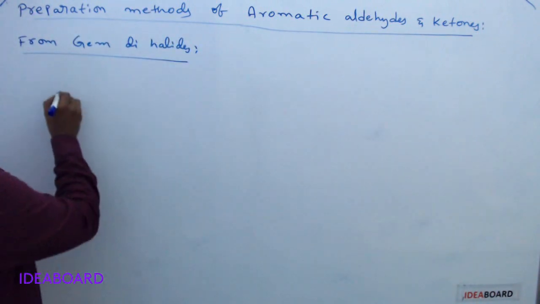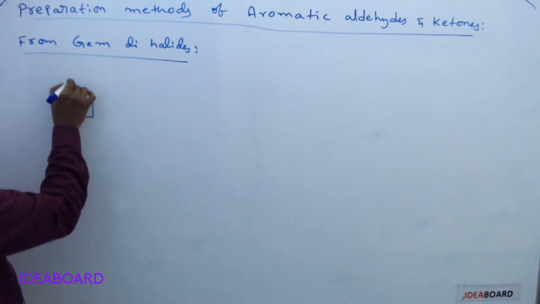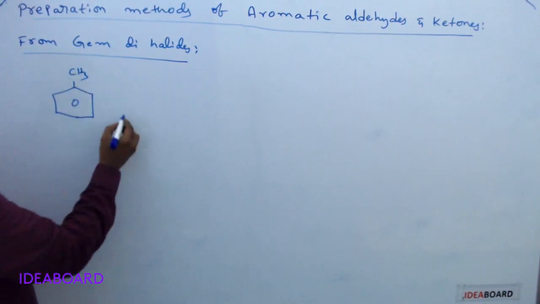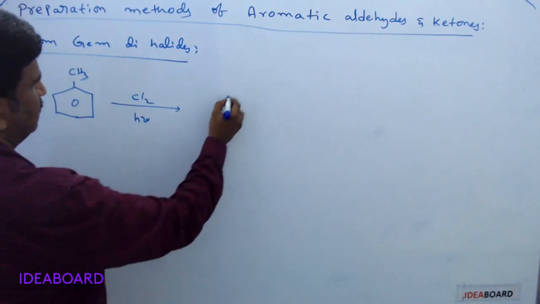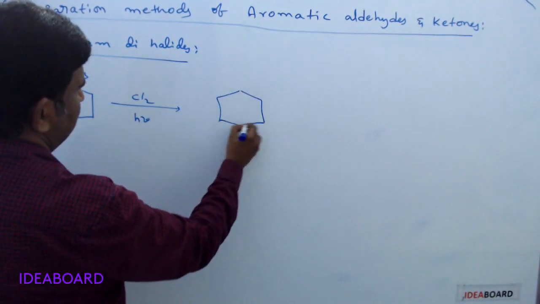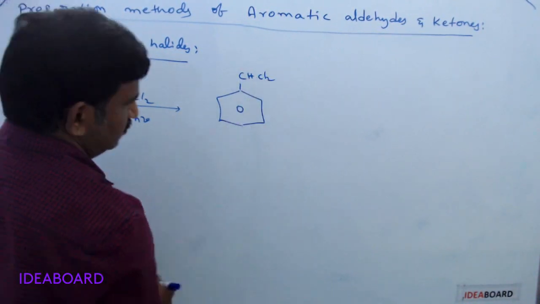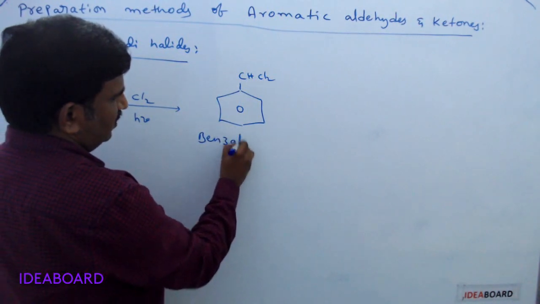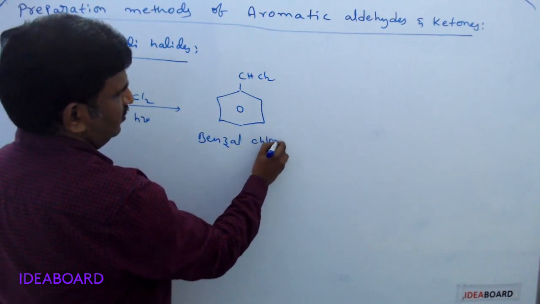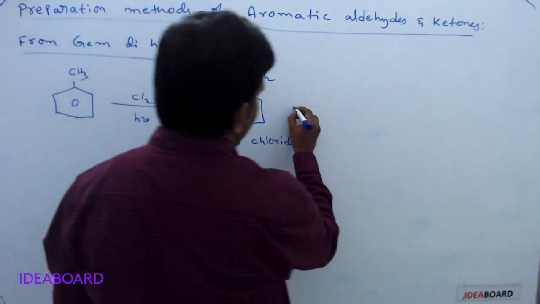From gem dihalides. Here, if you have methyl benzene, on reaction with chlorine in the presence of sunlight, it gives CHCl2, which is called benzal chloride. Please remember, this is benzal chloride.